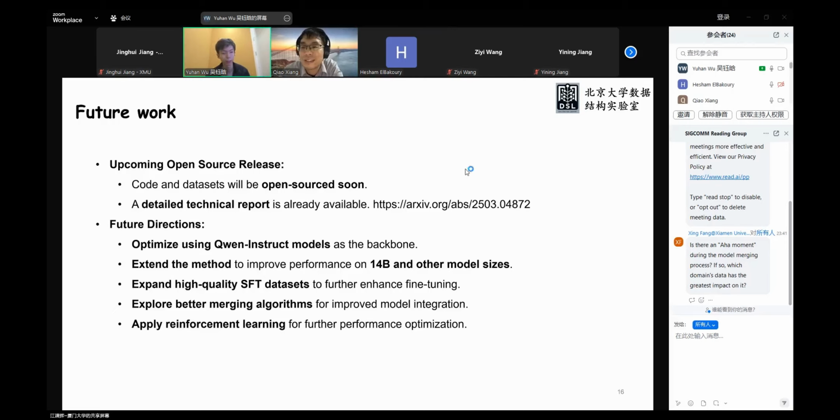Yes. Now I work for DeepSeek. Do you work for DeepSeek? Yes. Okay, I thought you were a PhD student. I'm a research intern in DeepSeek. Oh, excellent.